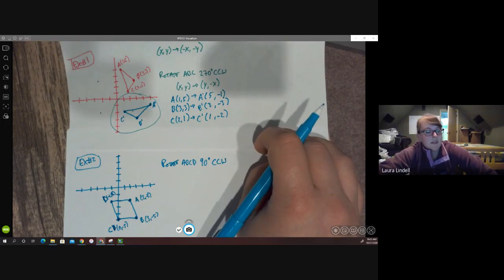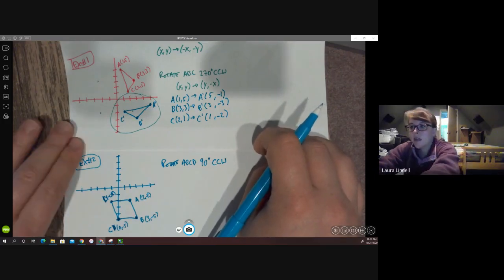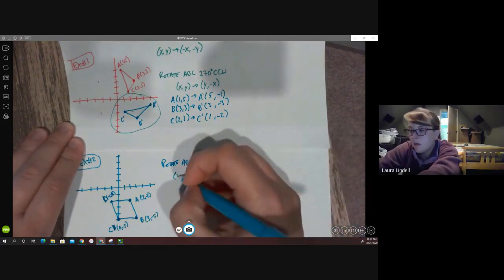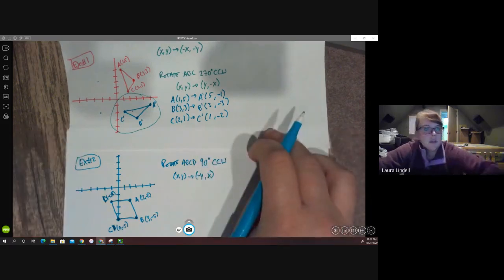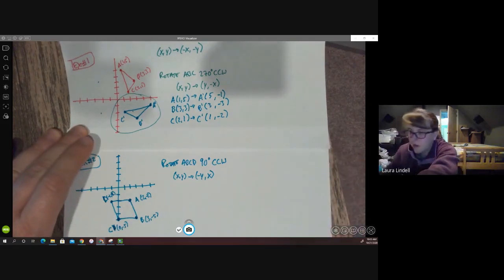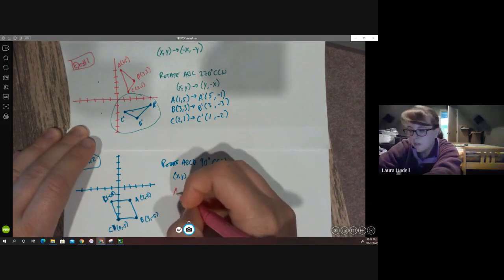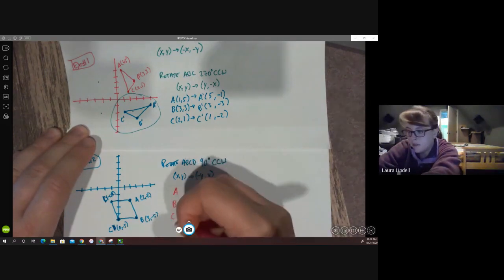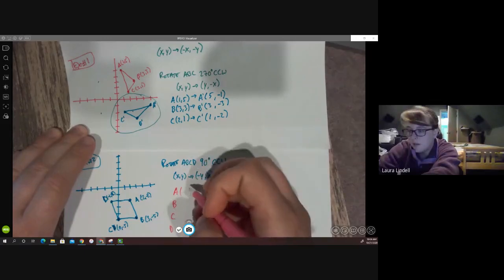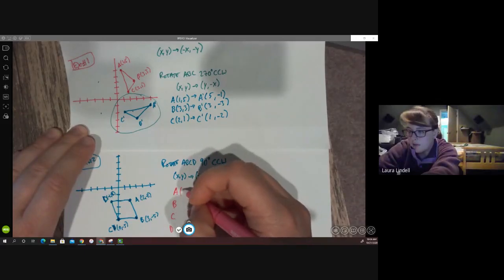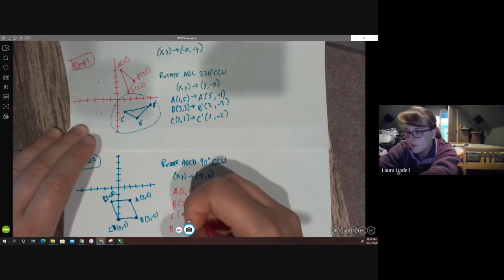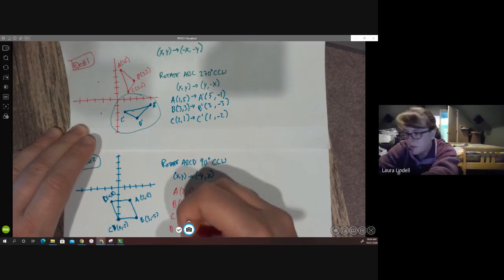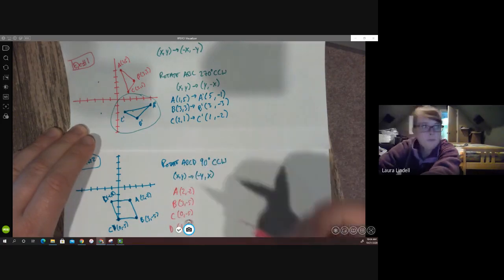Okay. So we are going to rotate 90 counterclockwise. So looking at our rules, that means we are going from (x, y) to (-y, x). So we're going to switch them and change the sign on the y this time. So if we write down our coordinates, we had A, B, C, and D. A was 2, -2, B was 3, -5, C was 0, -5, and D was -1, -2.